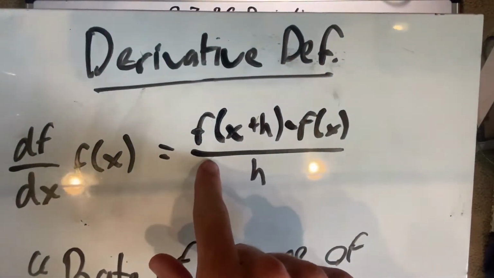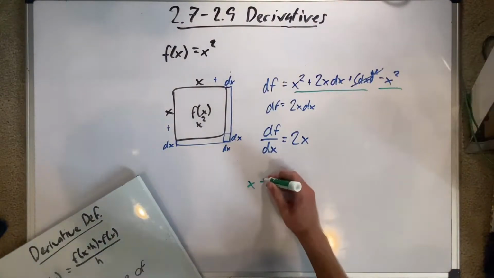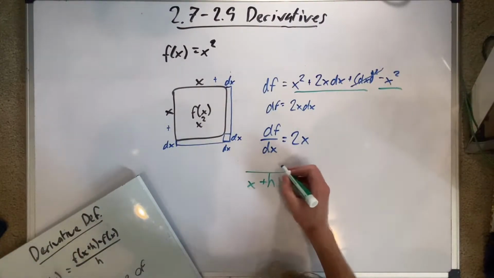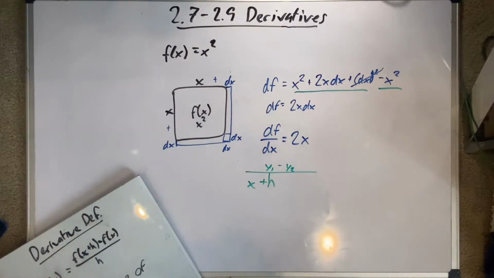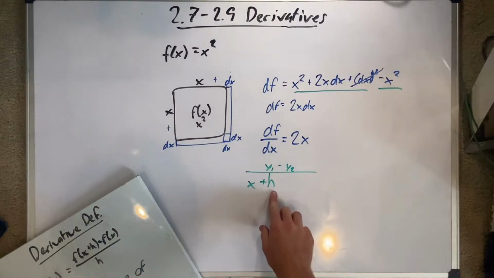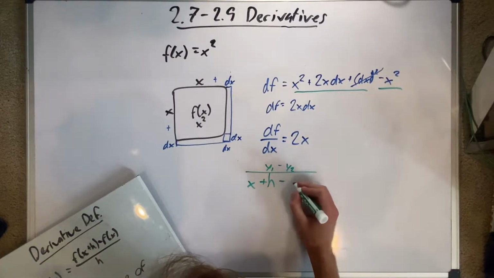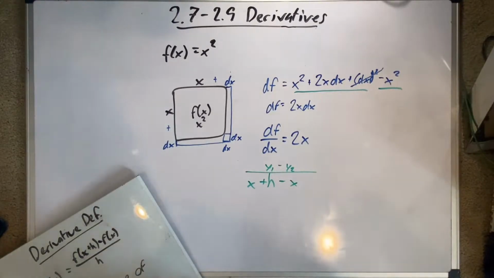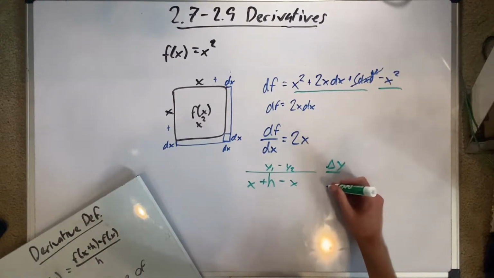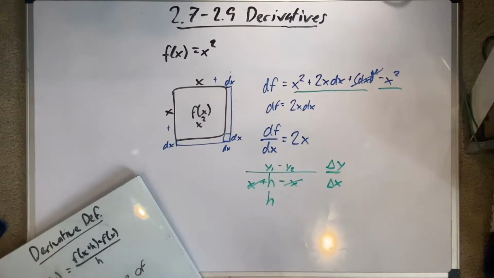We have to keep the change side on the left if we're going to do this. And we're going to have x plus h over here, and then this is some y1 minus y2 if we're trying to do slopes. So x plus h is our first x that we use to describe it, and then we go minus x because we're trying to find the change in x as well, because remember, this whole thing has to be change in y over change in x. These two x's cancel out, we're left with just h.